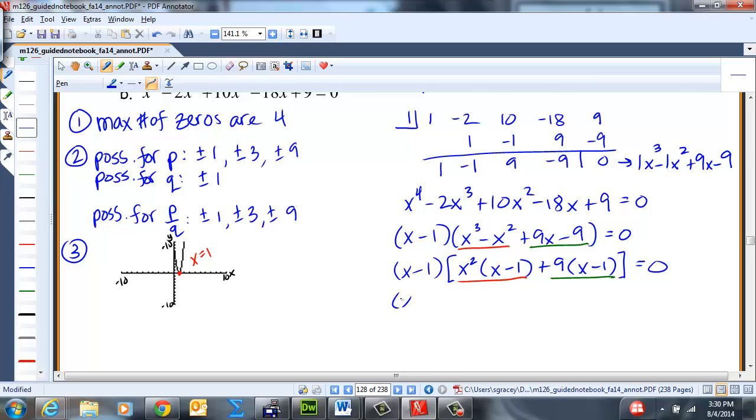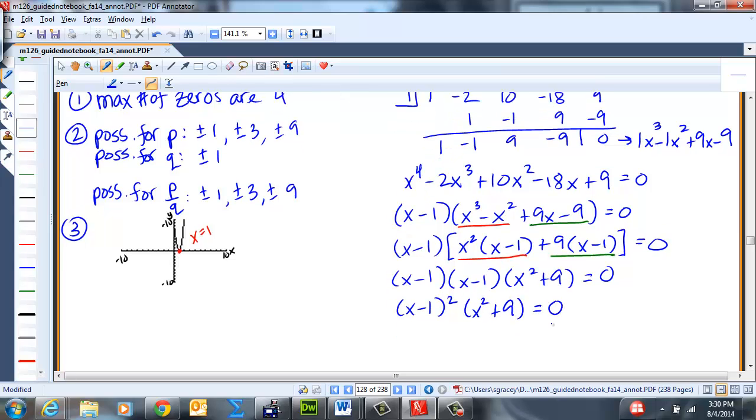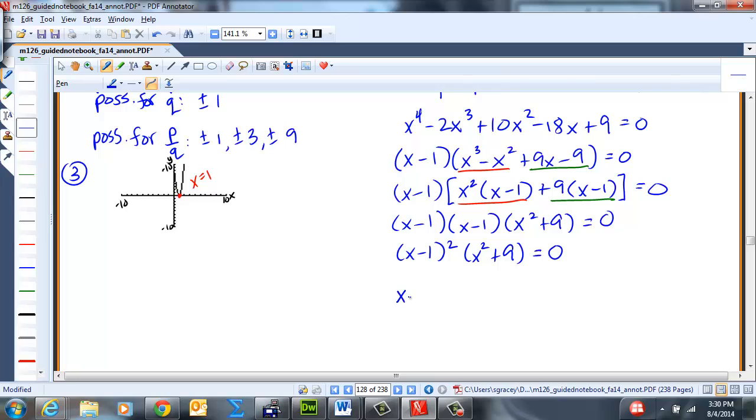So the factored form would be x minus 1 times another factor of x minus 1 times x squared plus 9 is 0. So we have x minus 1, the quantity squared, so we have a solution of x equal to 1 with multiplicity 2, and times x squared plus 9 is equal to 0. So x minus 1 squared is equal to 0, or x squared plus 9 is equal to 0.